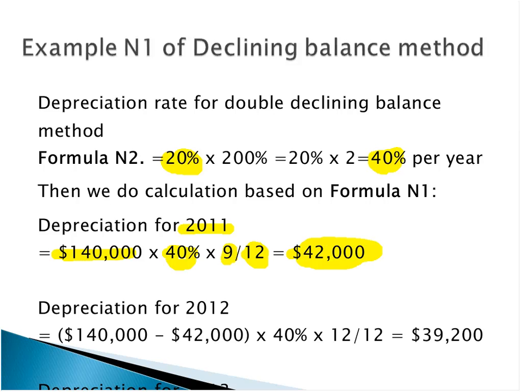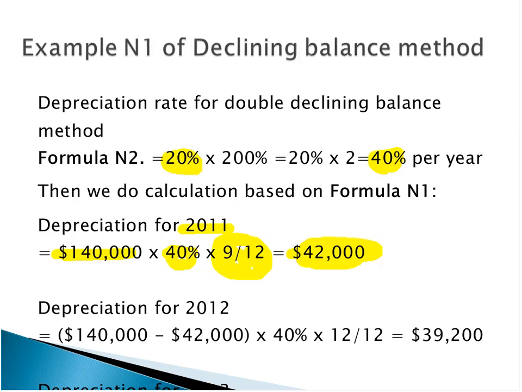Then we multiply by 9 and divide by 12. This is because of the months in the year: how many months we have used this equipment in the year. Starting from April to December is only 9 months, right? So after calculation, you have got 42,000 of depreciation cost for the first year.